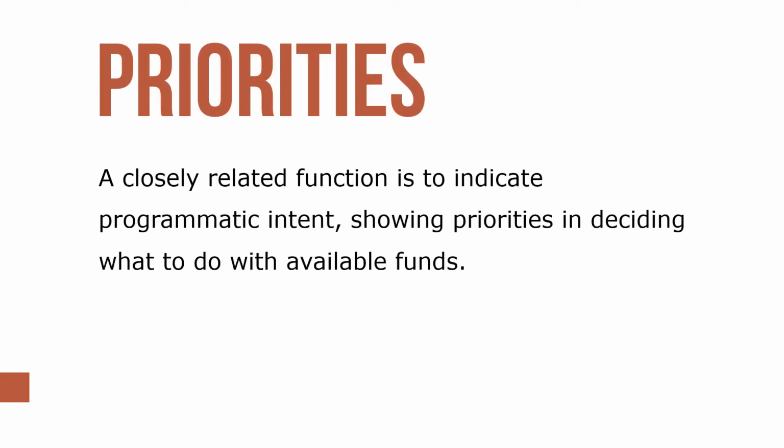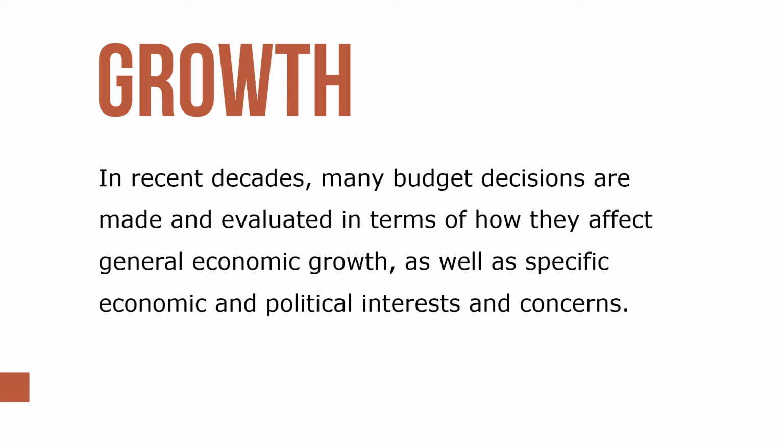A closely related function is to indicate programmatic intent, showing priorities and deciding what to do with available funds. A budget should also reflect the mission or purpose for a bureaucratic agency's existence. In recent decades, many budget decisions are made and evaluated in terms of how they affect general economic growth, as well as specific economic and political interests and concerns.